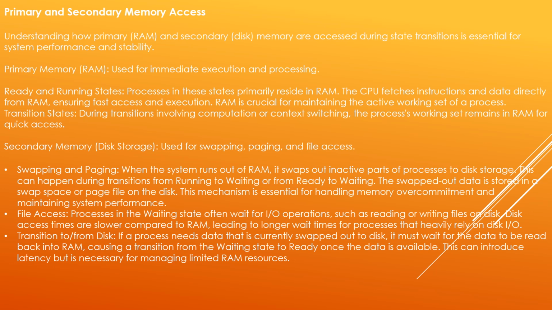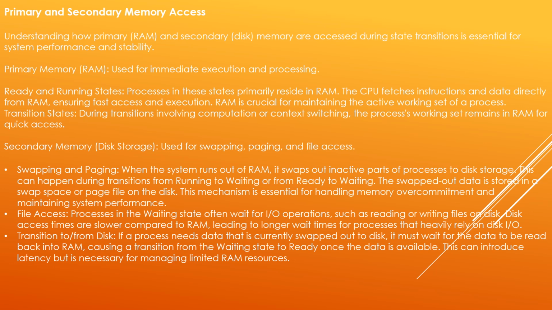File access. Processes in the waiting state often wait for I/O operations, such as reading or writing files on the disk. Disk access times are slower compared to RAM, leading to long wait times for processes that heavily rely on disk transactions to or from disk.